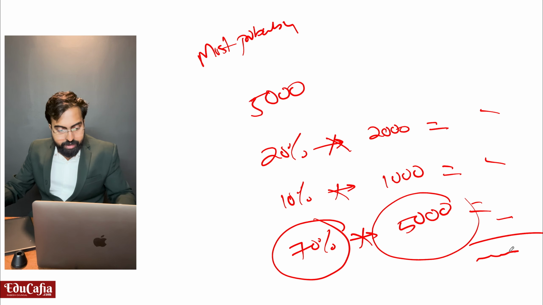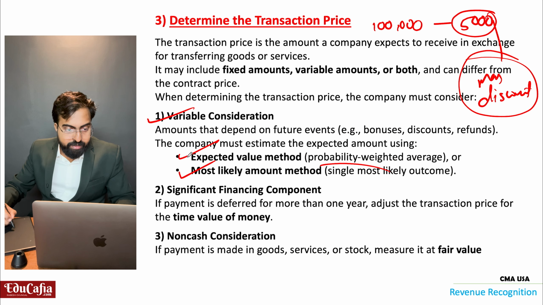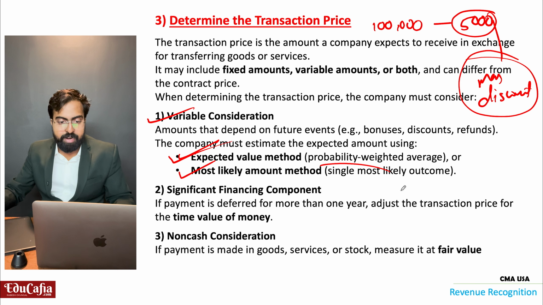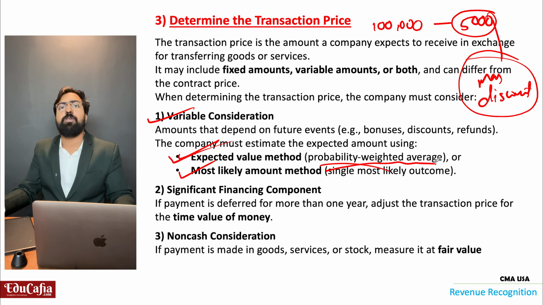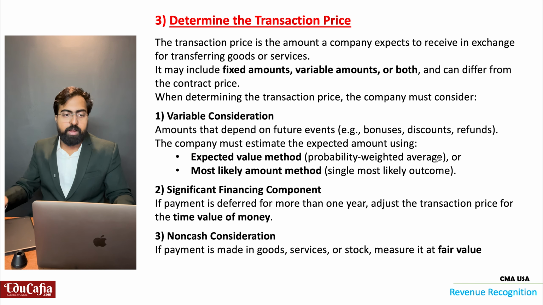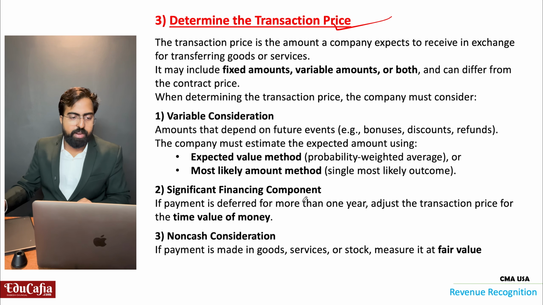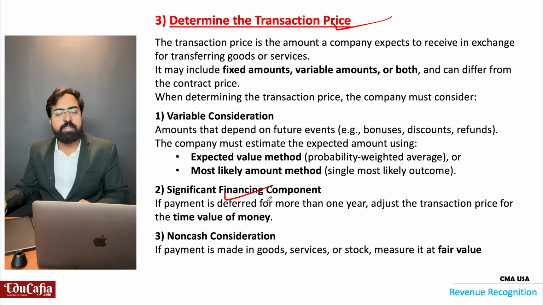Then the total of that amount I can consider as the expected value method, that is the probability weighted average. This amount I have to consider, then the balance will be the transaction price. You got it?